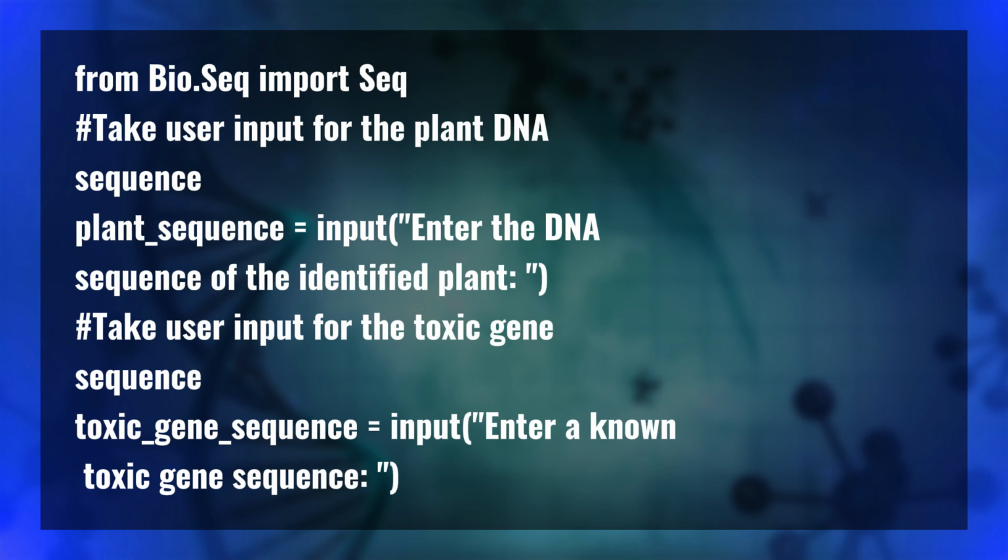So you ask this by writing this particular Python code, which will take user input for the toxic gene sequence. I'll stop here and make it more clear for you. In the previous code, we took an input which was your plant gene sequence.